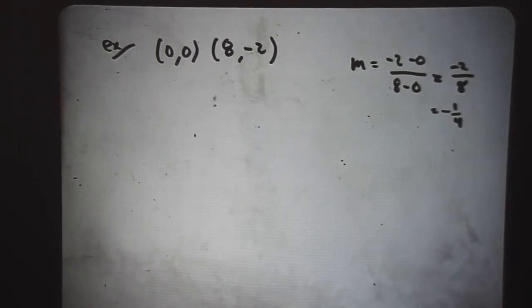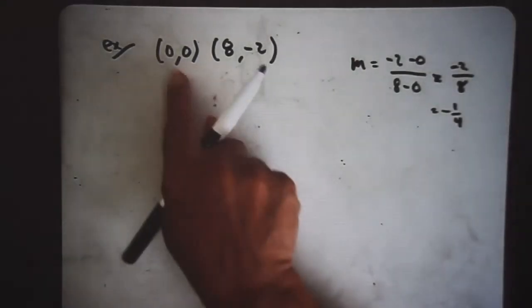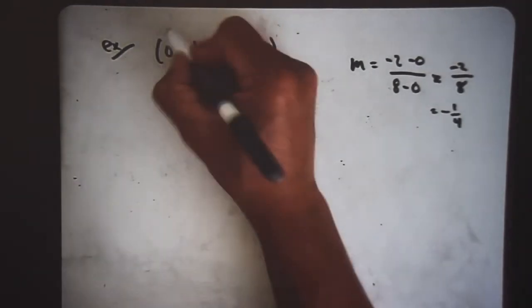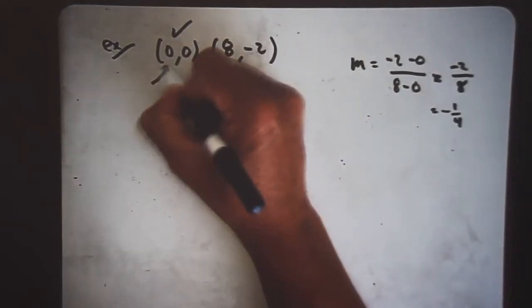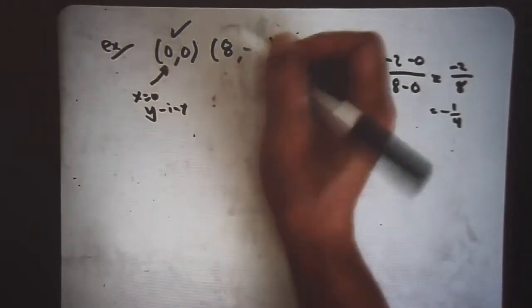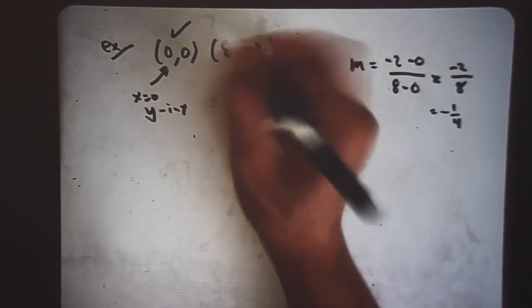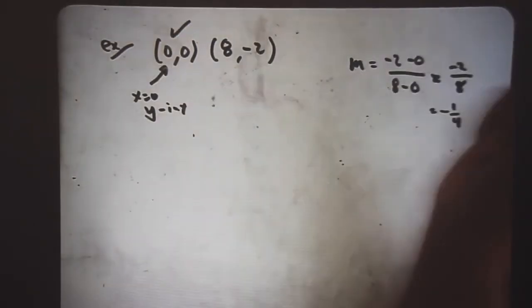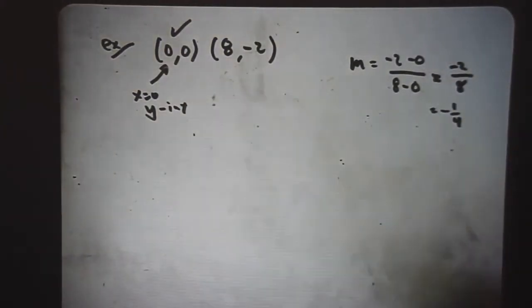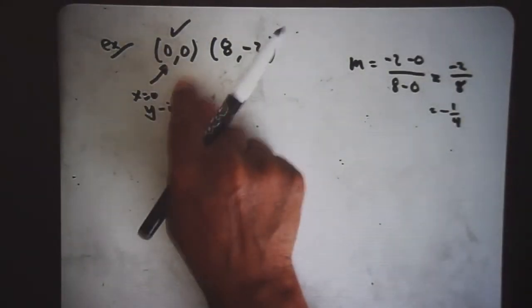And if you take a look at this point right here, (0, 0), this x value is equal to 0, which means this is the y-intercept. This line happens to go through the origin. That's what that means. So I'm going to use this point straight away. I don't have to solve for the b value because I know the b value is 0.